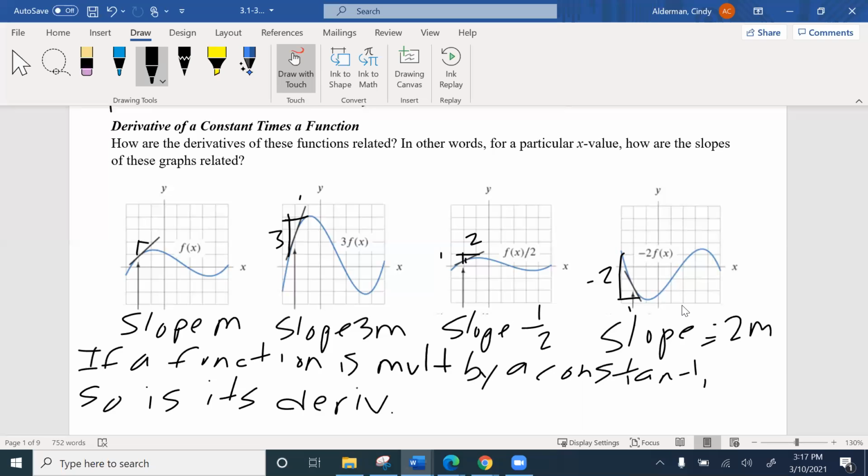For example, if I had 7 times some function, then what you could say is the derivative is equal to 7 times the derivative of the function. So in other words, you can just take that and bring it out of the whole thing. And you'll see when I do some examples in a little bit.